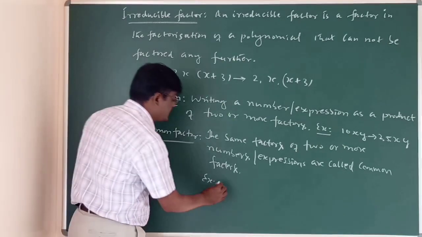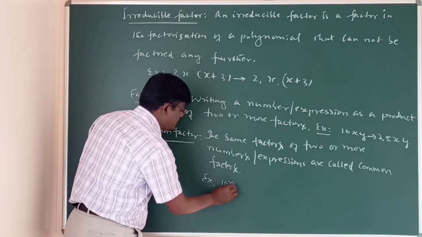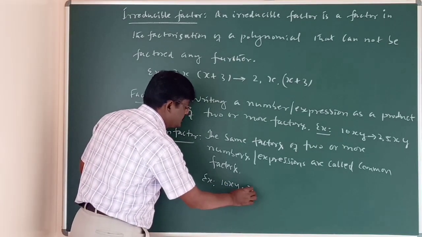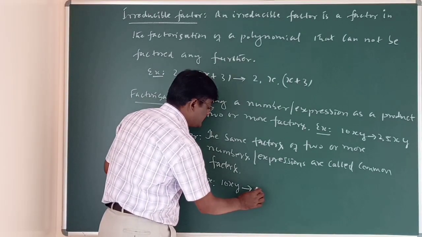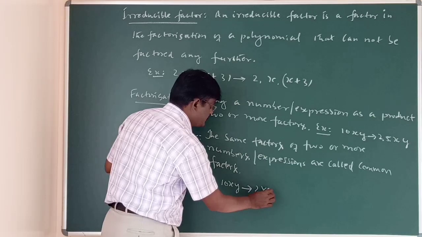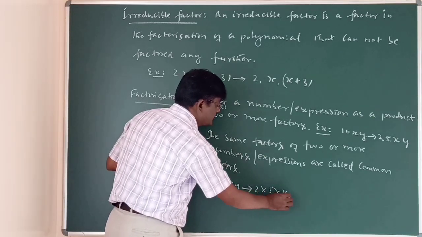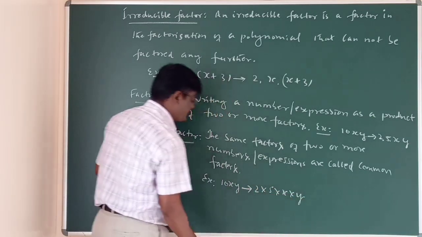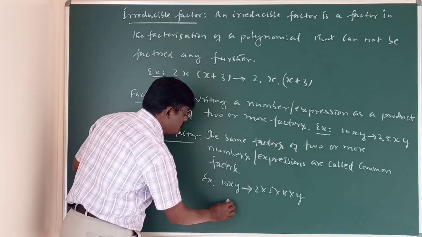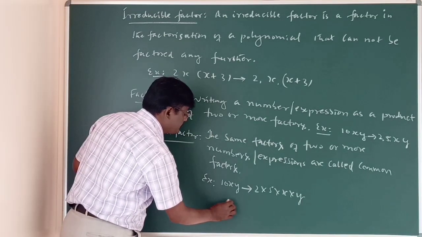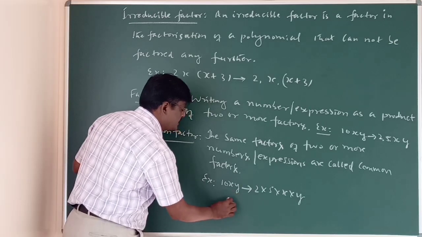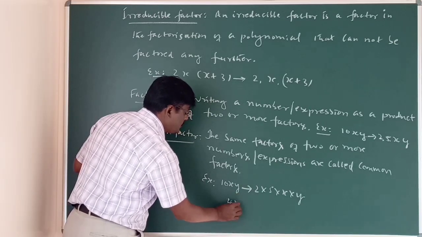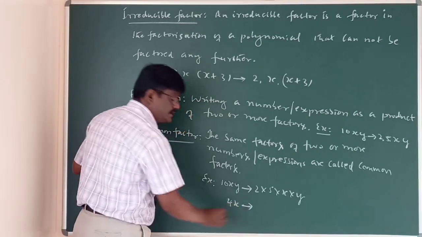The same factors of two or more numbers or expressions are called common factors. Let us take for example 10xy. The prime factors of 10xy are 2 into 5 into x into y. Let us take another one, 4x.